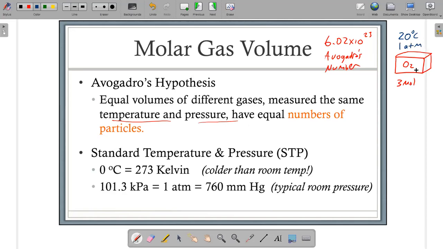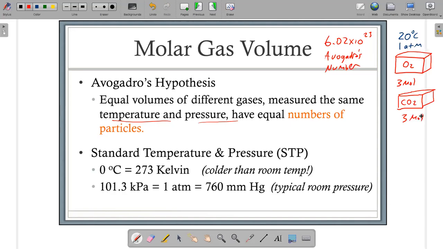So if you have that box with 3 moles of oxygen, and you have the same size box with a different gas, maybe carbon dioxide, you would also find that it is exactly 3 moles.